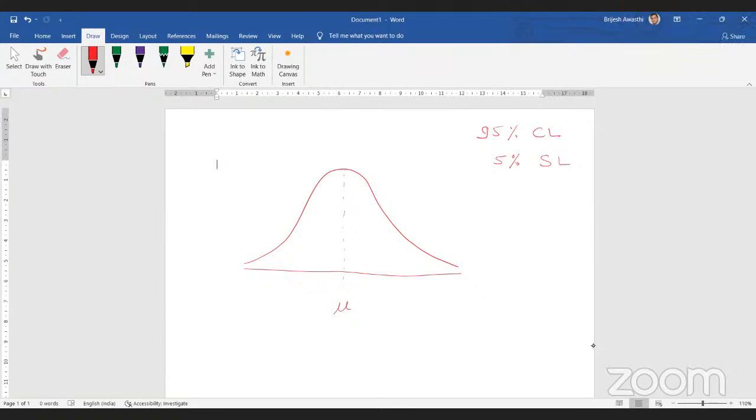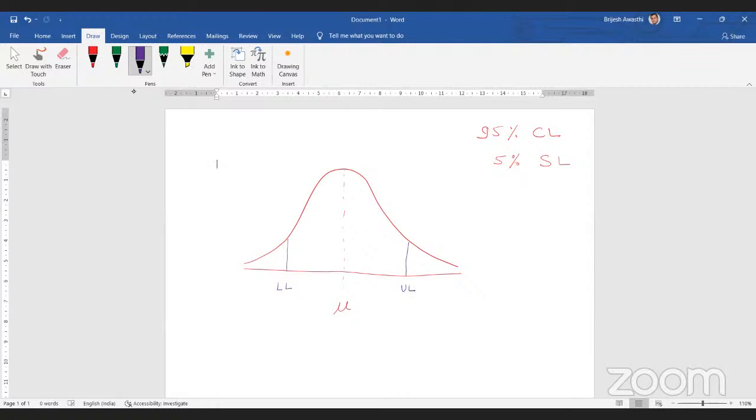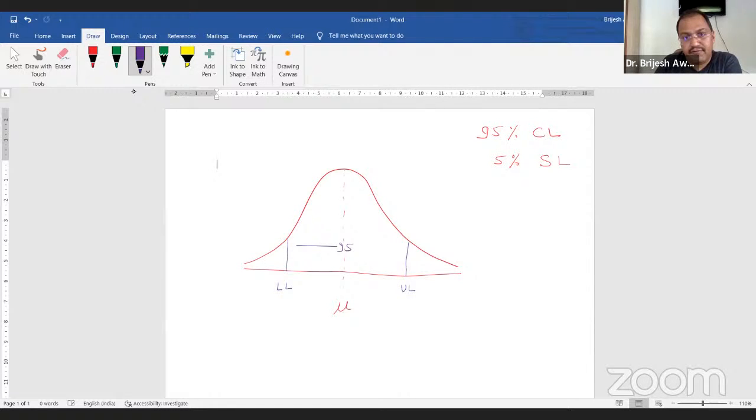So this is my limit. This is the lower limit, and this is my upper limit.